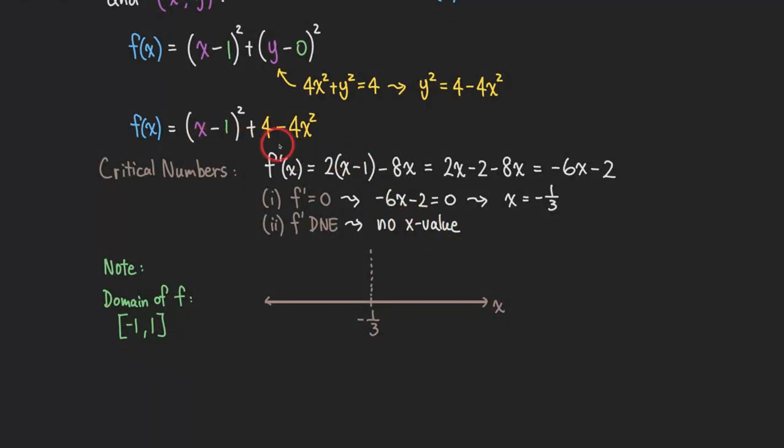And because the function is continuous on this interval, we don't even need to do the sign analysis chart. All we need to do is plug in the critical number and the two endpoints into the function, and then we can find the absolute maximum.